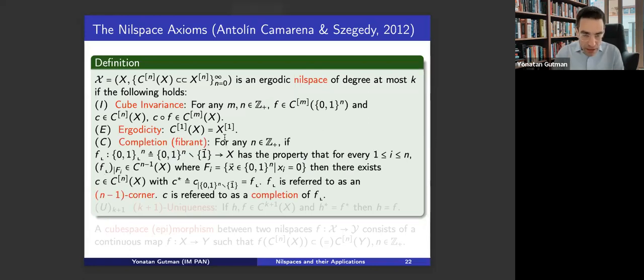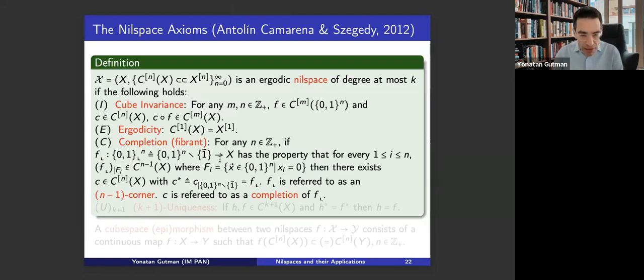And the third and most important axiom, which is called completion, is that if you are given a configuration defined on a corner, so this is a specification of elements on all elements of the discrete cube except one, we call it an n-corner.